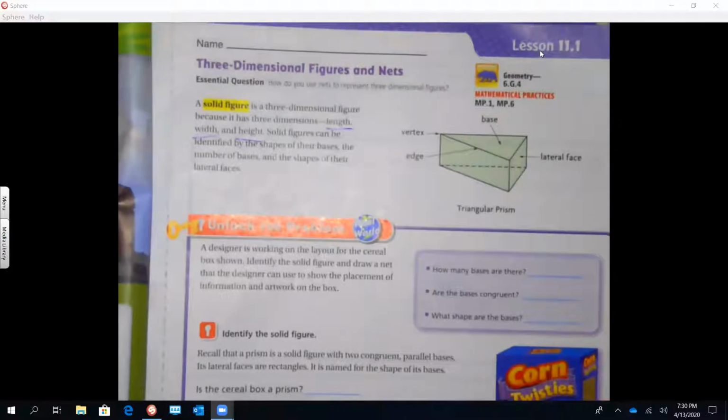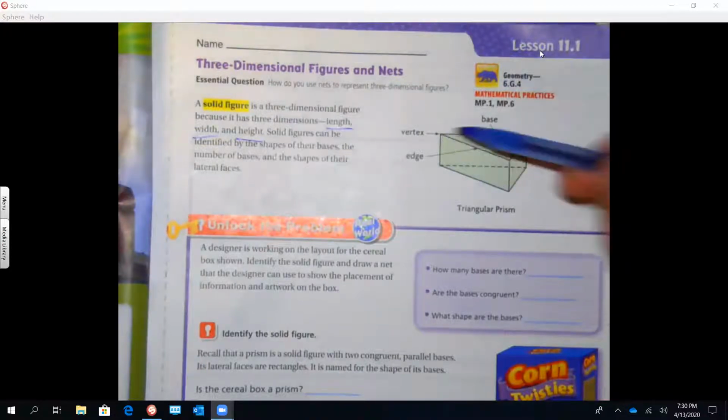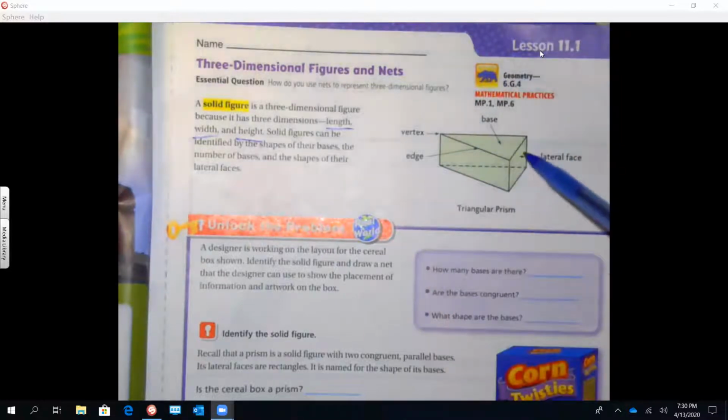Okay, length, width, height. And here's an example. So you've got your faces, your edges, and your vertices. Remember, vertices are where they meet. The edge, think of it as the side, and the face is the actual surface. If you look at length and width, that's the whole face.